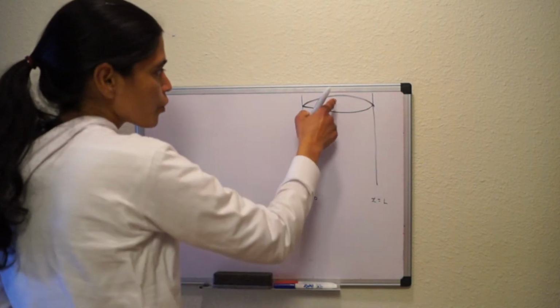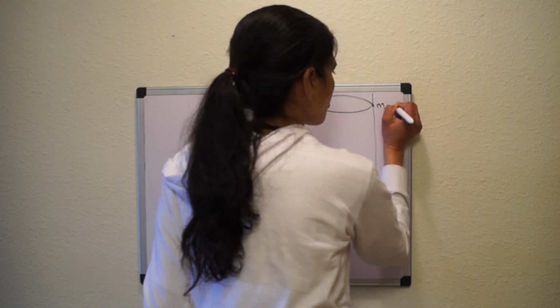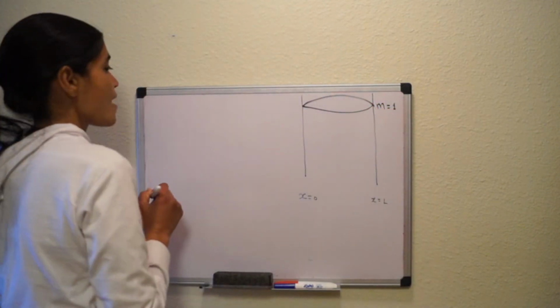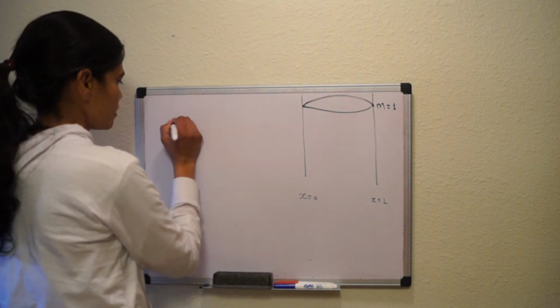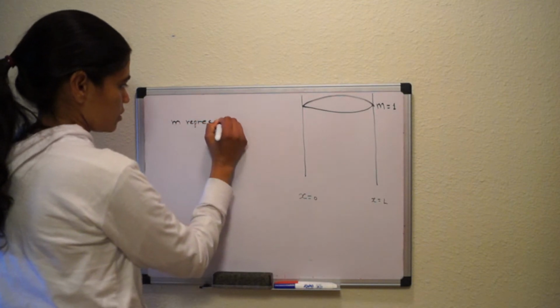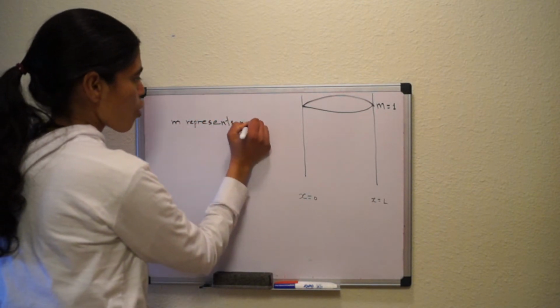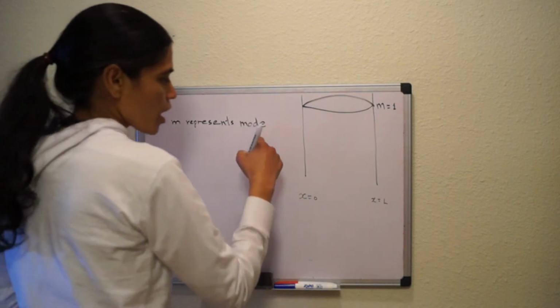Okay, so we got this one, and this is called m equal to 1. Okay, what does that m mean? m represents mode.